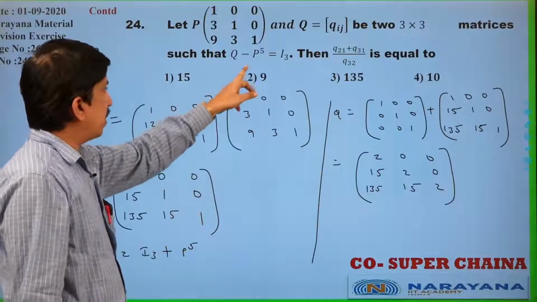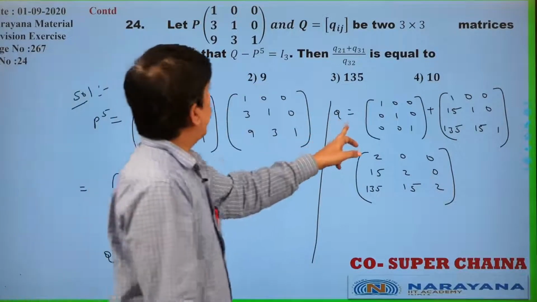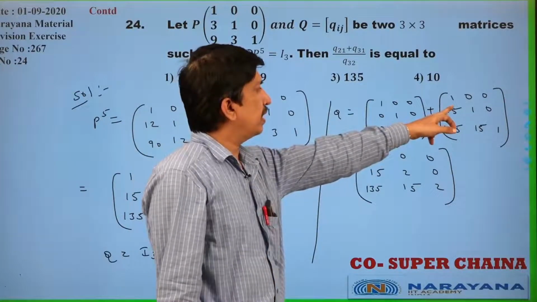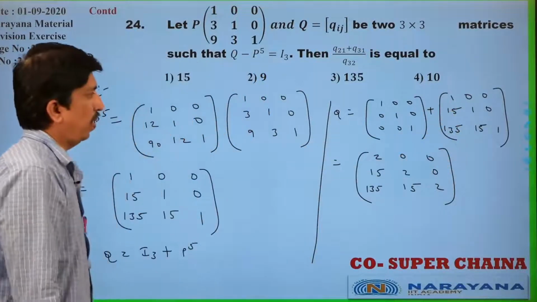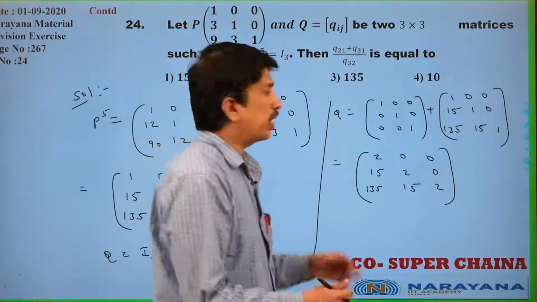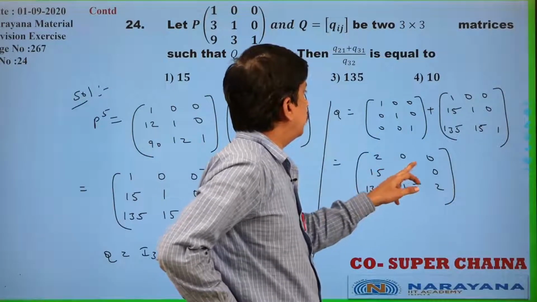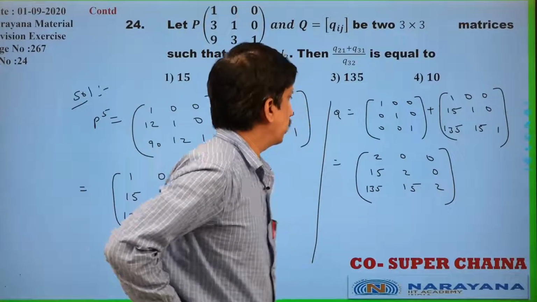Q equal to I3 plus P power 5. Now I3 plus P power 5 means 1, 0, 0, 0, 1, 0, 0, 0, 1 plus P power 5, which is 1, 0, 0, 15, 1, 0, 135, 15, 1 only. Adding corresponding elements, what you will get? 1 plus 1, 2, 0, 0, 15, 2, 0, 135, 15, 1 plus 1, 2 only.